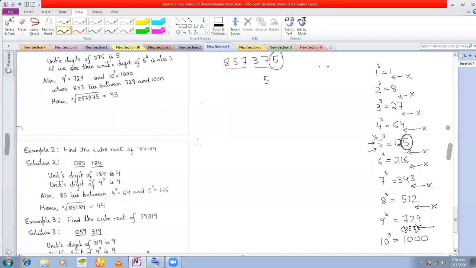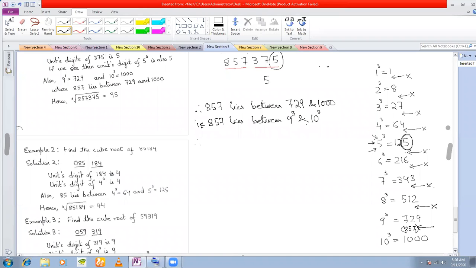So what you see, 857 lies between 729 and 1000, which means 9 cube and 10 cube, right?